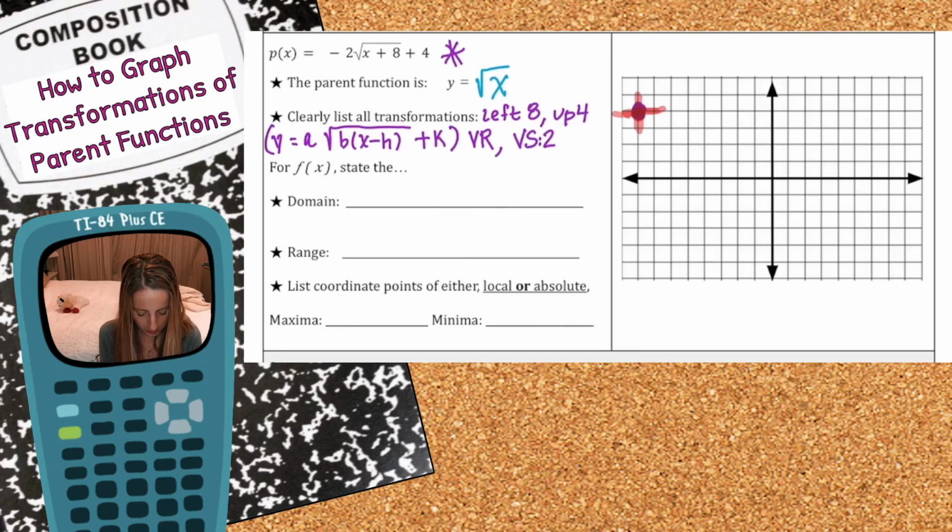Okay, and now to draw out my new transformed square root graph, I'm going to start with my starting point that was at the origin before. Normally, I was up 1 over 1, up 1 over 3, and so on, right? So it would look something like that, but that's not what we're dealing with. We're going to reflect vertically over my new x-axis, if you will.